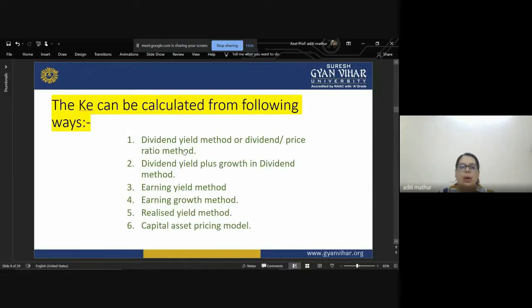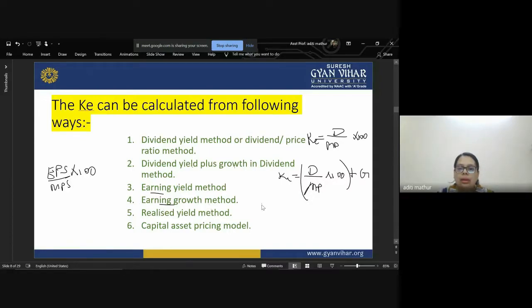We also discussed how to calculate KE, that is cost of equity, with the help of the dividend yield method, for which KE equals dividend divided by market price into 100. Dividend yield plus growth: KE equals dividend divided by market price into 100 plus capital G, that is your growth rate. Earning yield: EPS divided by MPS into 100.